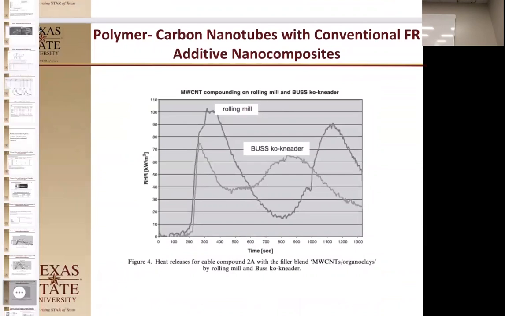And so from this curve, which do you think dispersed the materials better? With the rolling. Wait. What's the reduction? That's the reduction in, no, that's the release rate, release heat rate.